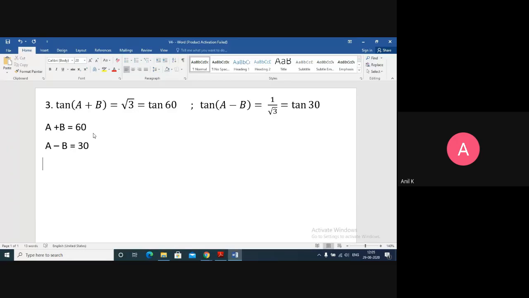Now I have a pair of linear equations in two variables. Chapter number 2, I think. A + B equals 60, equation number 1. A − B equals 30, equation number 2. So can you tell me the values of A and B? Solve it using the elimination method, substitution method, cross multiplication method, or whatever method you know.